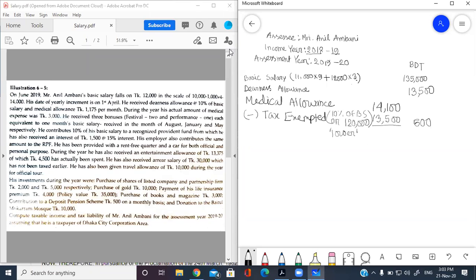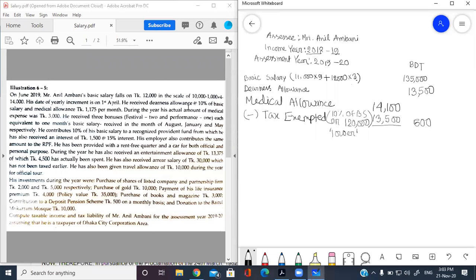It is applicable for each and every salaried person, except when the person is provided salary from the government. For government salaried employees, all allowances are fully tax exempted, other than basic and festival.